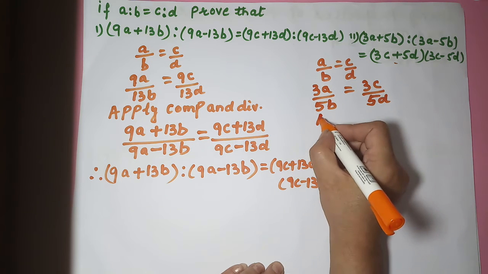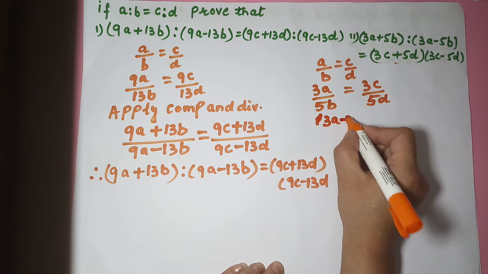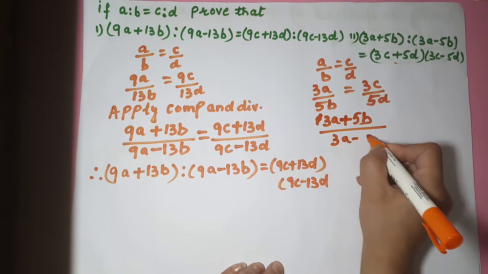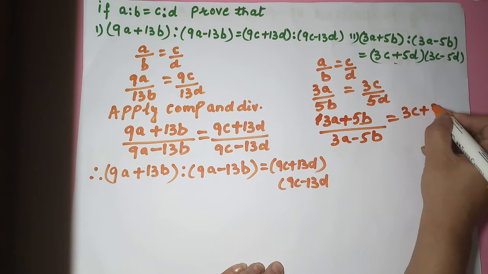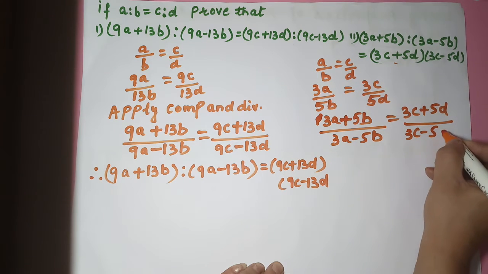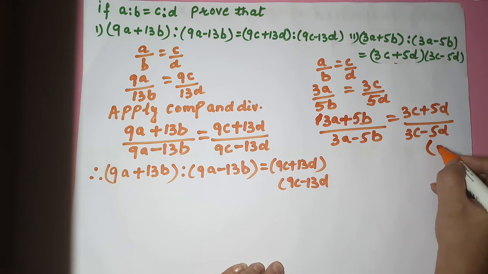So, here I will apply componendo and dividendo. 3A, that is numerator plus denominator, upon numerator minus denominator. Here also numerator plus denominator upon numerator minus denominator. I have applied componendo and dividendo, so I will write here in the bracket by componendo and dividendo.